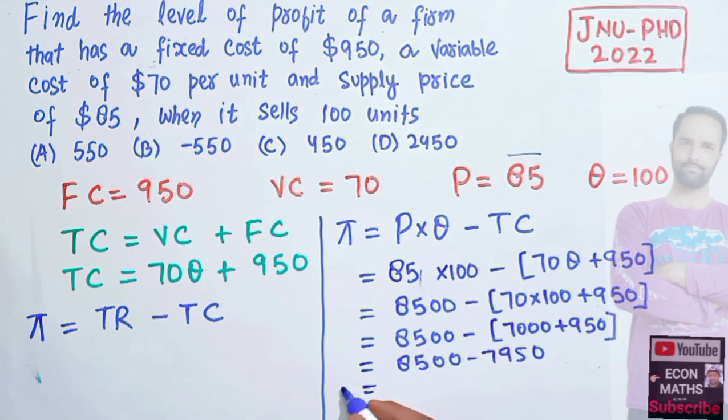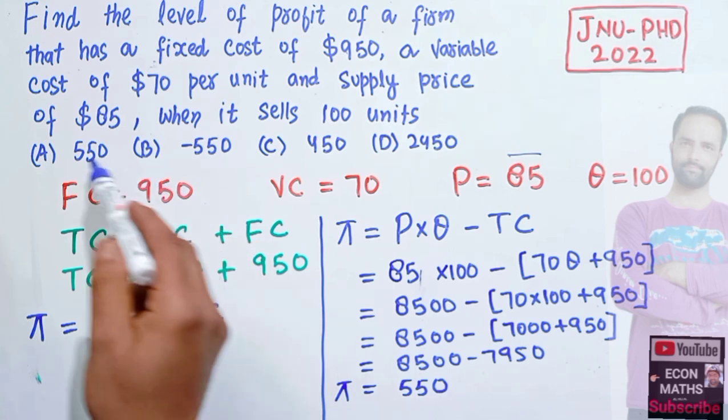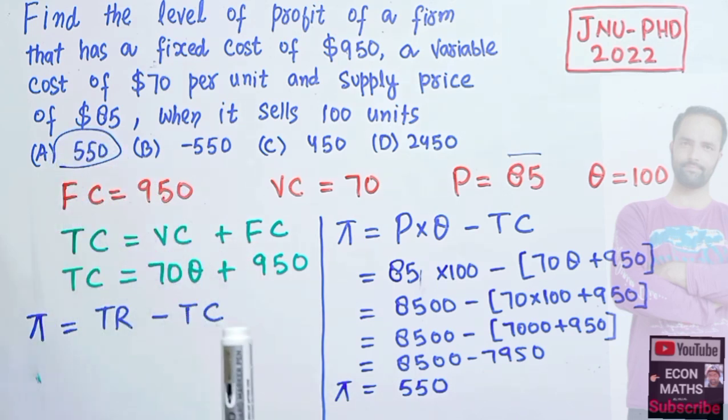That gives us the profit equal to 550. 8500 minus 7950 comes out to be 550, so the correct option should be this. I hope I made the calculation right here.